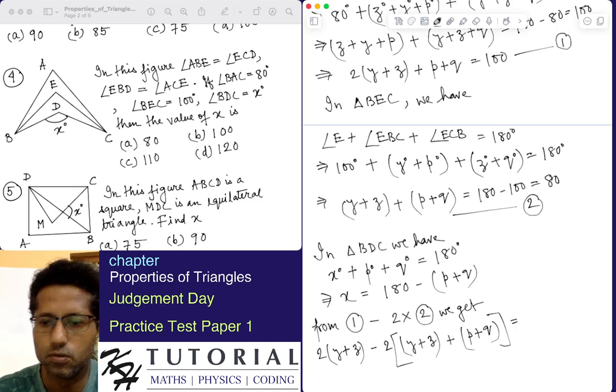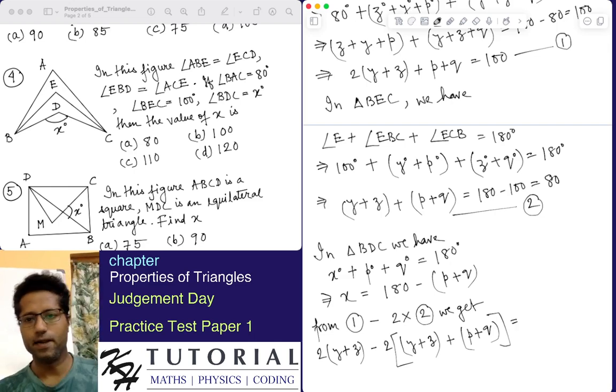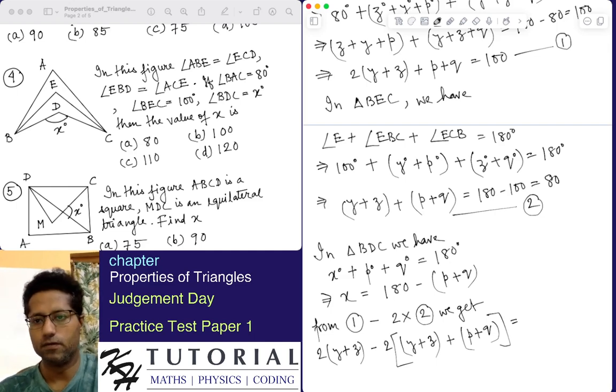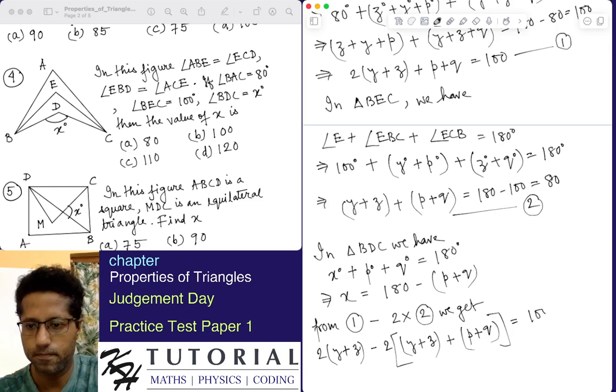This is equal to, we have multiplied the equation 2 with 2 on both sides, and we are subtracting that equation from equation 1. So this will be 100 minus 2 into 80.